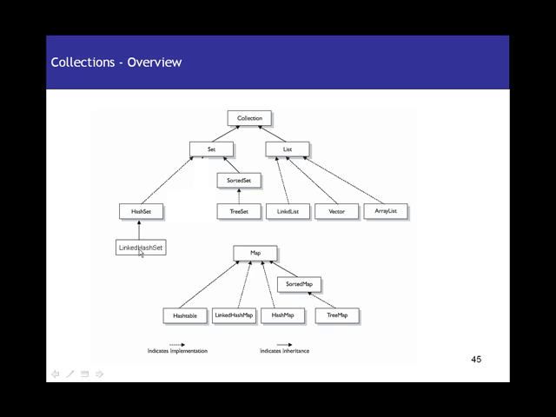So we have hash set, linked hash set, tree set, and for lists we have linked list, vector, array list, right? Similarly for maps we have got different implementations as well. So actually queues are also part of collections, but I have not added queues in this tutorial. So you would actually have queues as well here along with set and list.